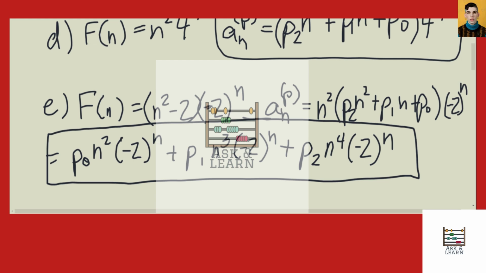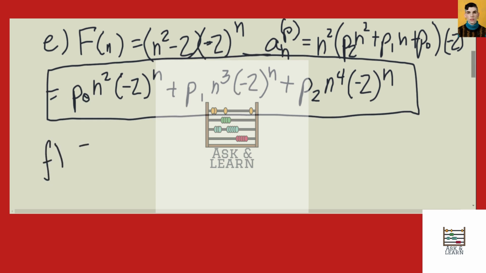In part F, we're given that f(n) is equal to n^4 times 2^n. We have that n^4 is a polynomial of degree 4, and 2 is a characteristic root of multiplicity 2.